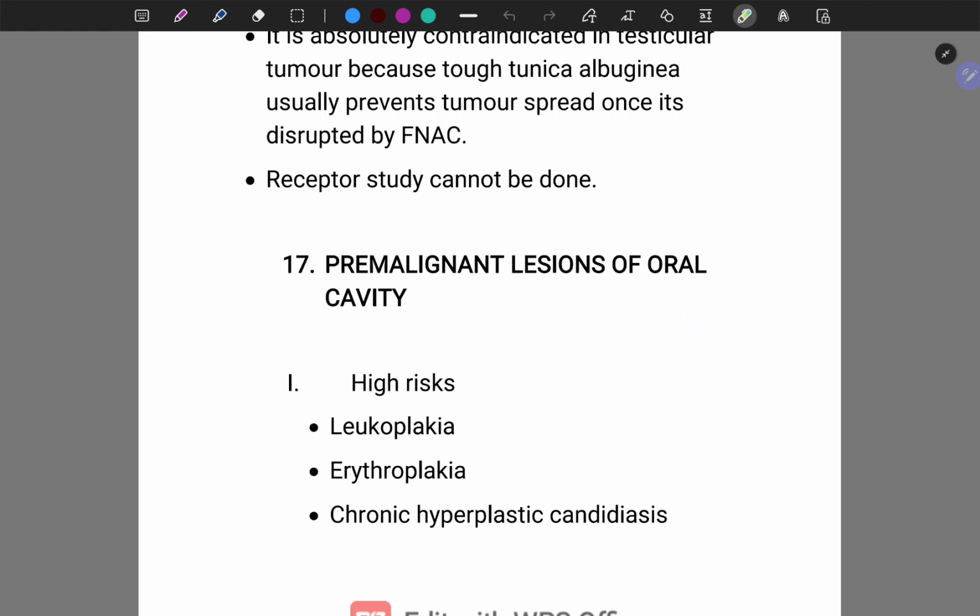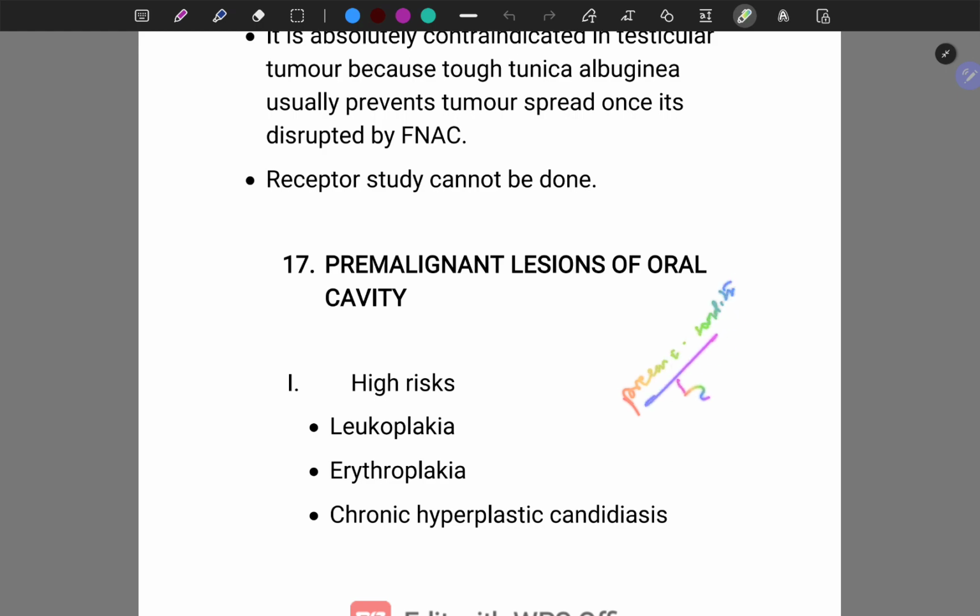The point here is that a pre-malignant lesion is a morphologically altered tissue in which oral cancer is more likely to occur than in its apparently normal counterpart, whereas a pre-cancerous condition is a generalized state.